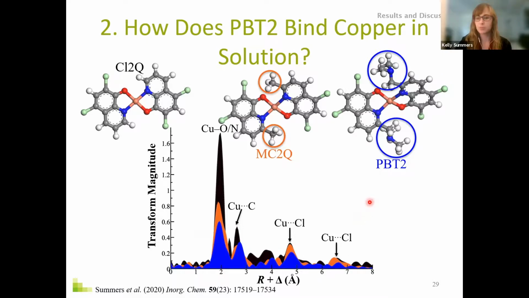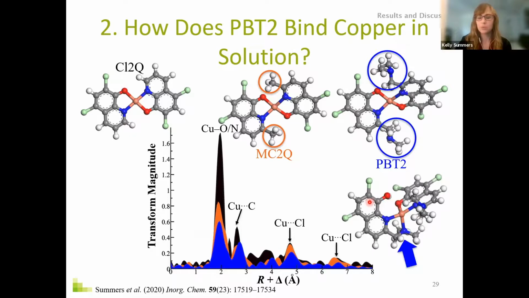And to make things a bit more complicated, we realize that there is a possibility for different copper coordination within PBT2. This 2-position substituent could actually coordinate the copper rather than this oxygen. And so our conclusion was that there is most likely a mixture of these 2 species in solution.